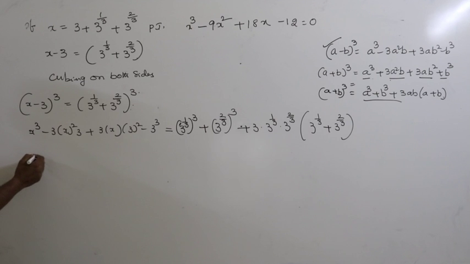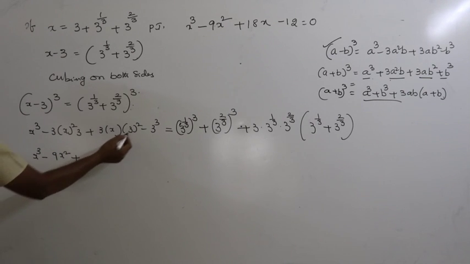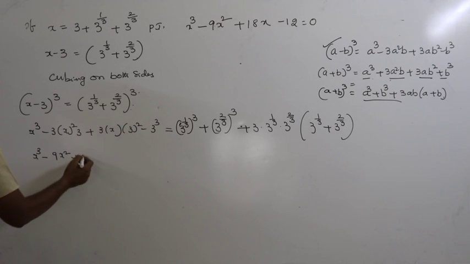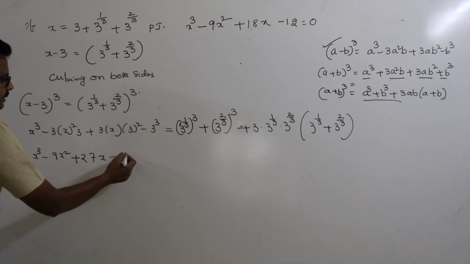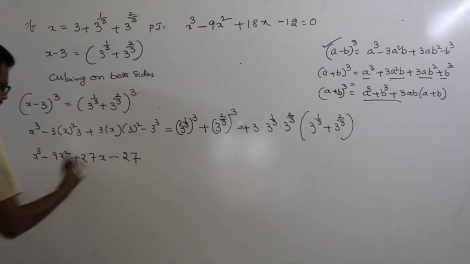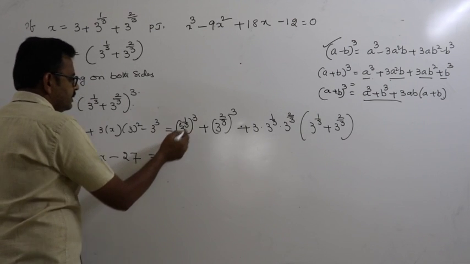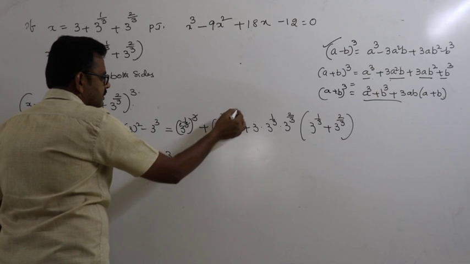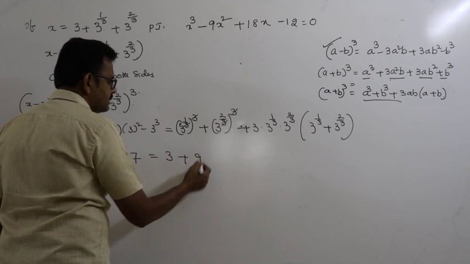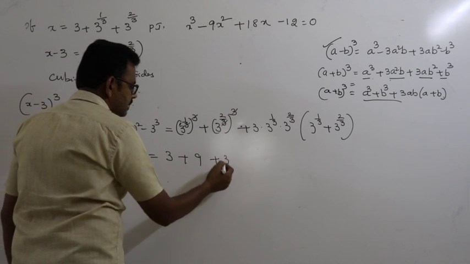This is x cube minus 9x square, plus 3 square is 9, 9 into 3 is 27x, minus 3 cube, 3 into 3 into 3, that is 27, is equal to 3 plus 3 cancel, 3 square, that is 9, plus 3 power.